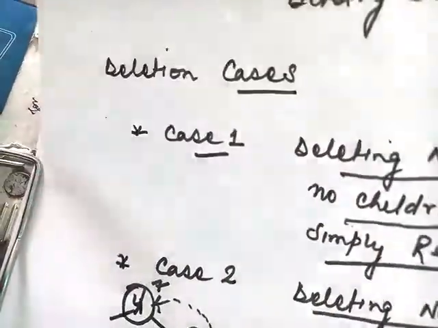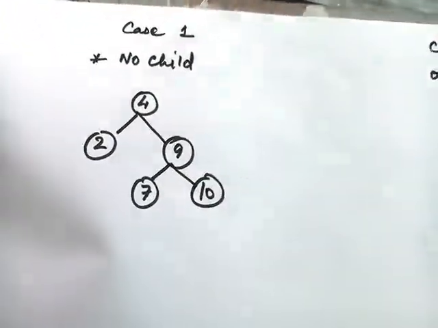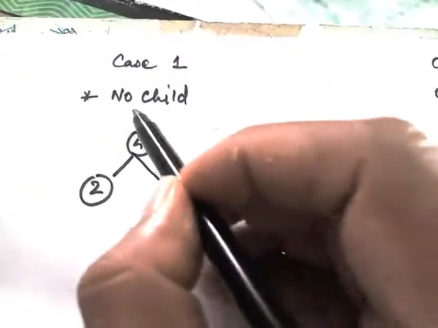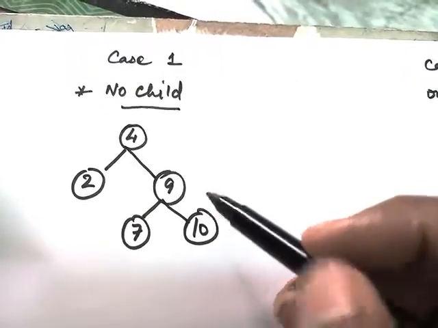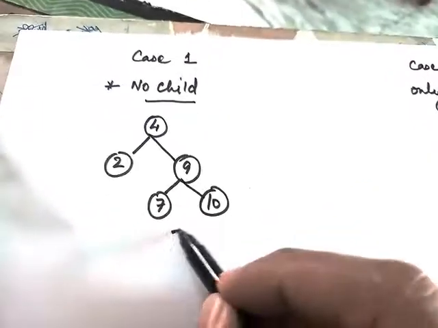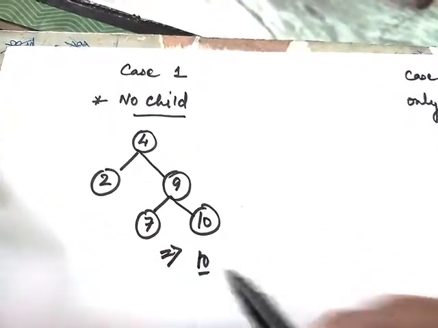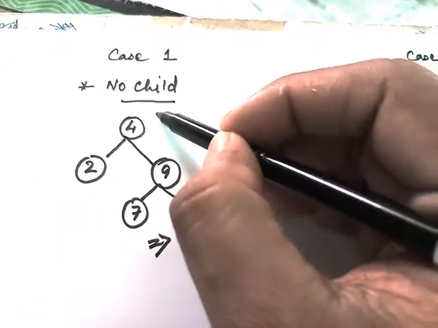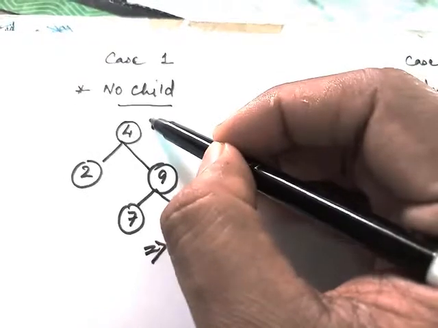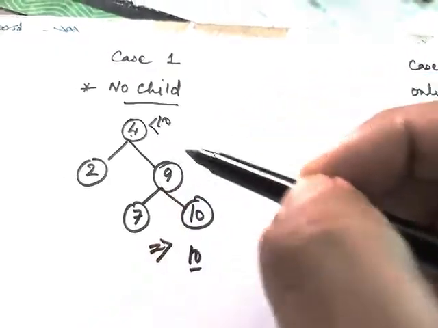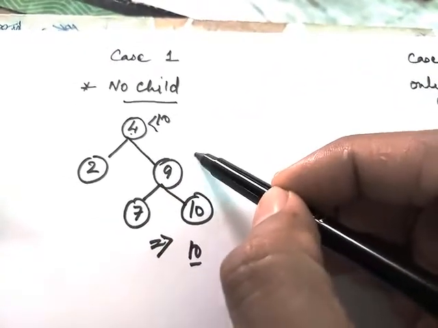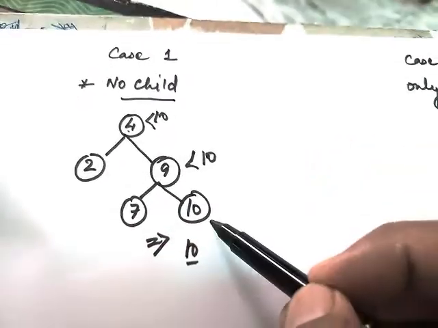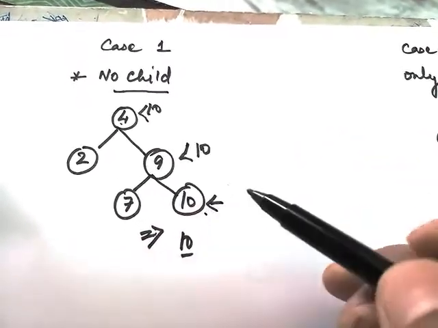So just see this case. Suppose this is case number 1, when we have no child, and suppose I want to delete a node called 10. What will happen? We will compare: 10 is greater than 4, so it will come to right. 10 greater than 9, so it will come to right, and here the node matches.